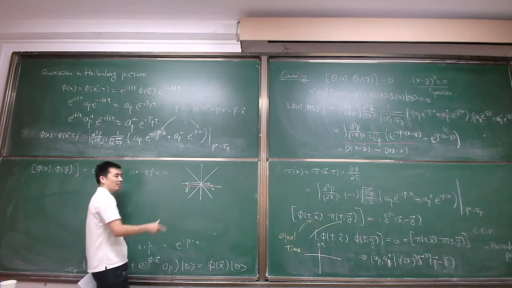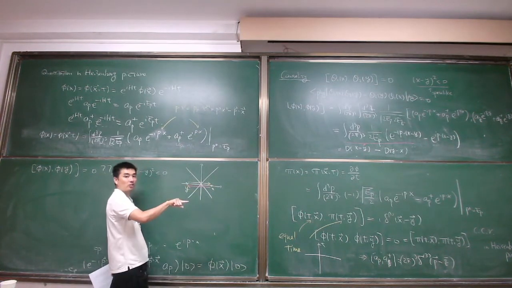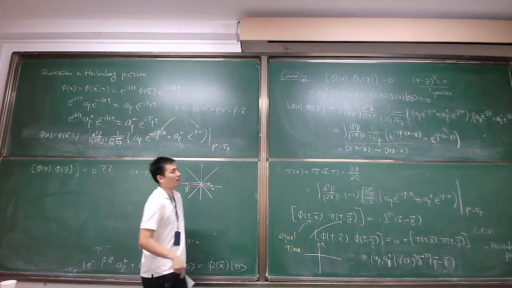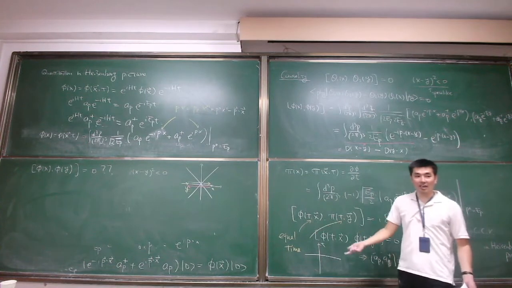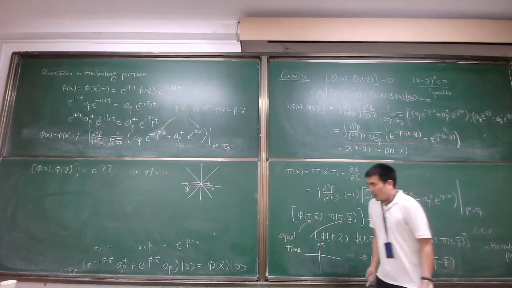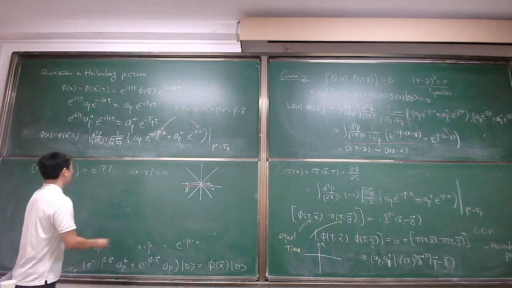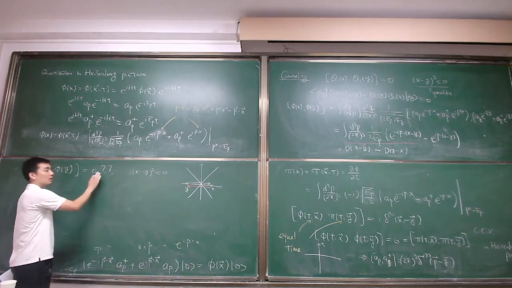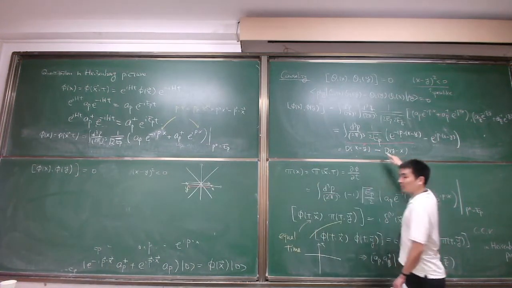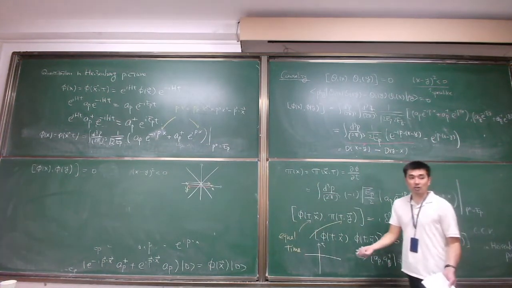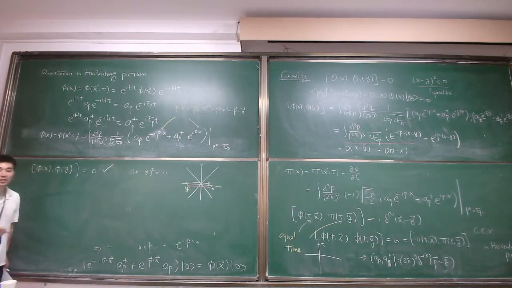This yellow one can be brought to the red one by rotation. So this quantity should be equal to this quantity if there's space-like separation, and therefore this should be 0. So the causality is checked.